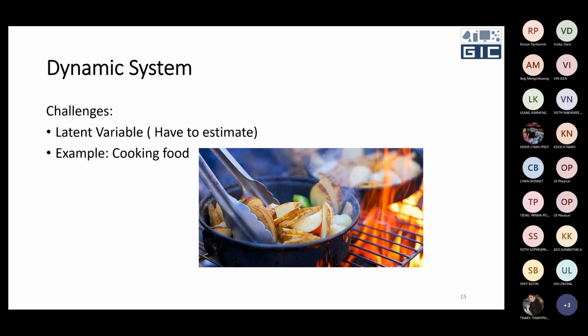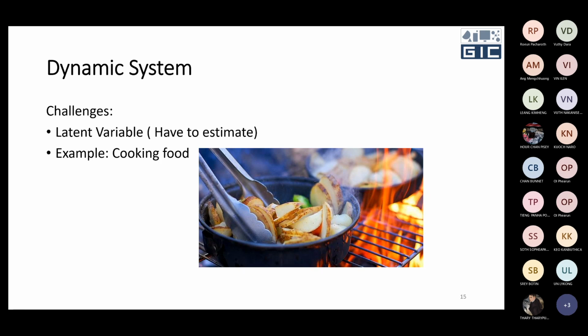And the other challenge is about latent variables. I cannot find a scientific way to explain this kind of challenge, but I just found an example to help you understand. For example, I try to cook one food. Actually, I can limit it to the same ingredients, a specific standard.